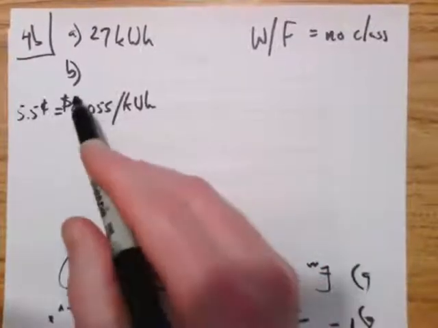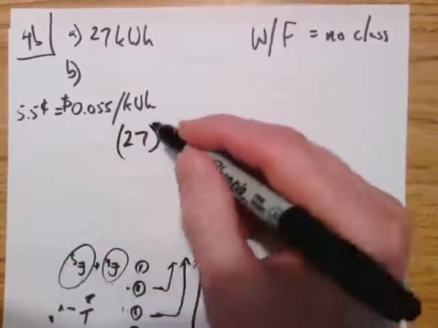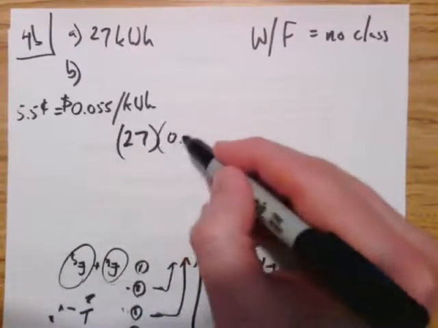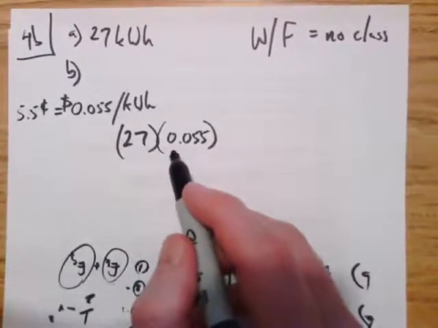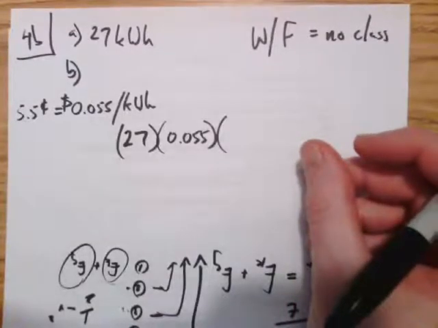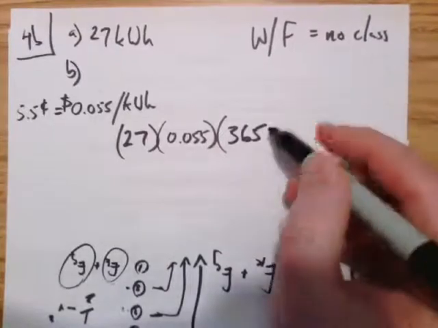Well, if you have 27 kilowatt hours, multiply that by the cost, 0.055. So this would be the cost per day. But this is for how long? A week? A year. 365 days a year.